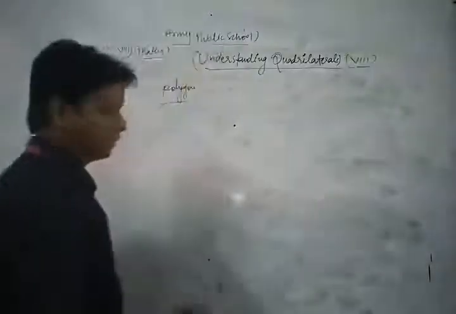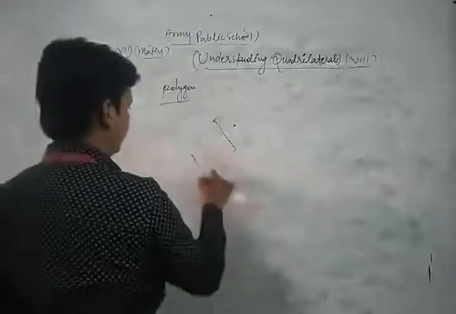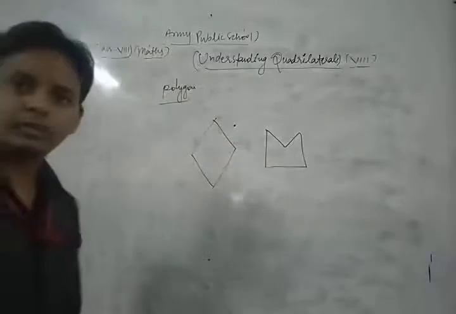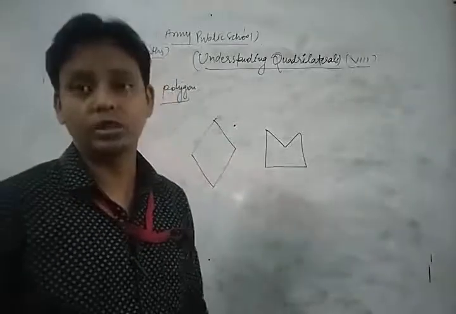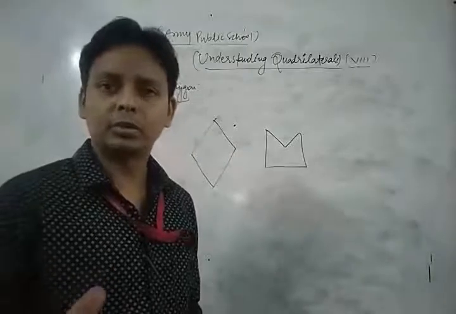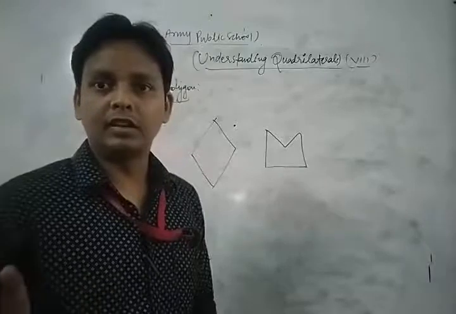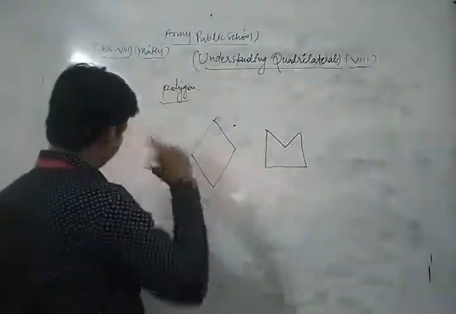Suppose we have two figures here. Both are polygons because they are formed only by line segments, and both are closed. A closed figure bounded by only line segments is called a polygon. There are two types of polygon. One is what? Convex and concave.